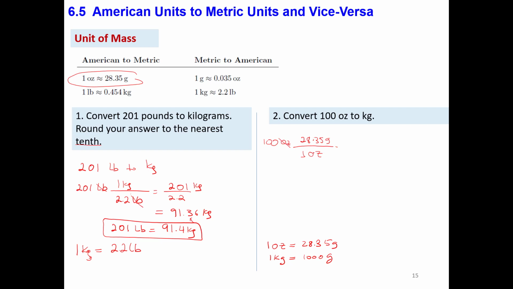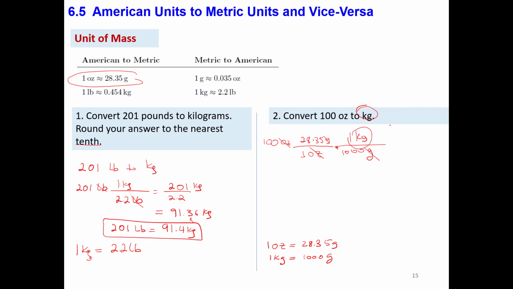Then this cancels out, and we need to write the other conversion factor. We want the grams to cancel out because we want the answer in kilograms, and we need to write grams in the denominator, 1,000 grams, and we want 1 kilogram on top. And grams cancel out.